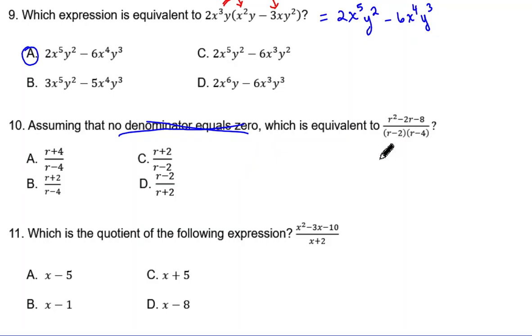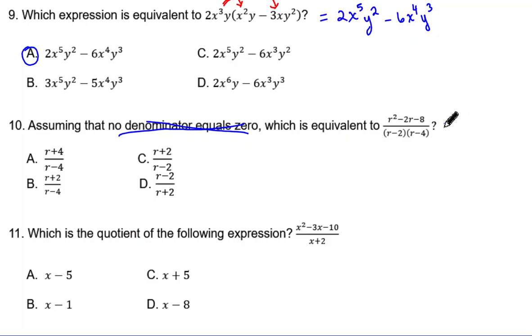All right, which is equivalent to this? For this one, actually for the next two, I can't cancel anything out until I factor the numerator, which I'm going to go into more detail in the next video, but for this, let's remember how we learned how to factor.